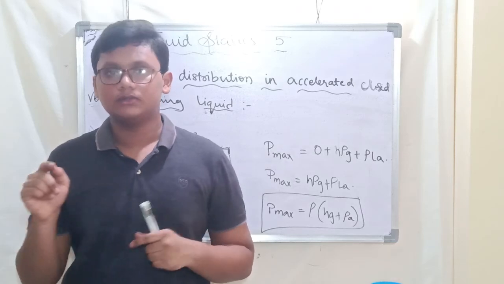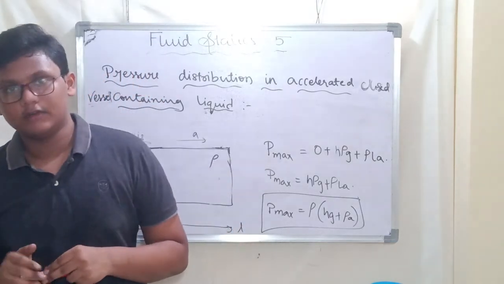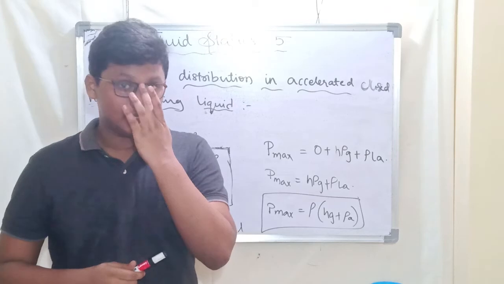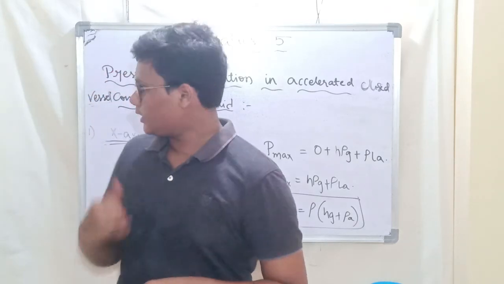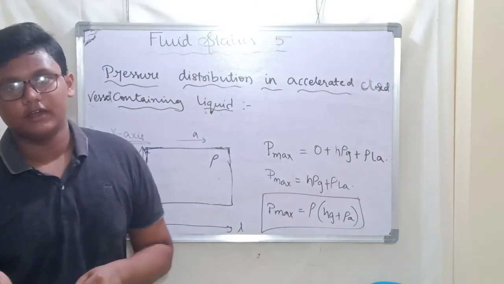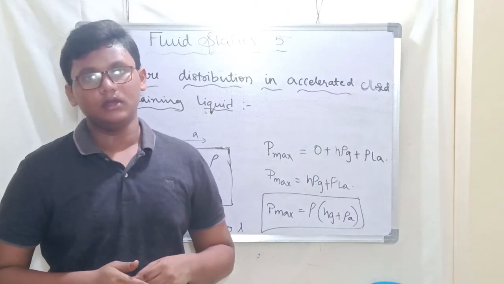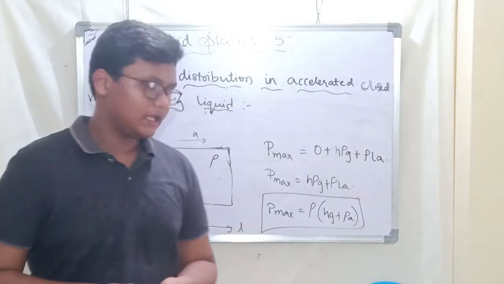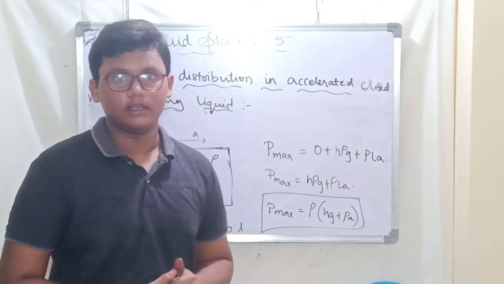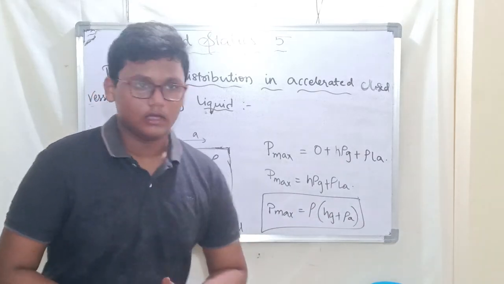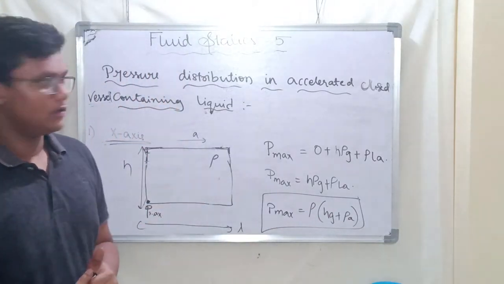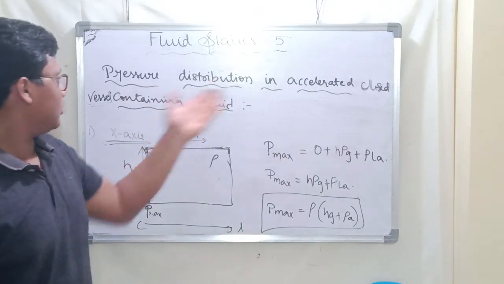So F2 is equals to F1 by A1 into A2. And next I explained pressure distribution in the x-axis, P max in a closed vessel.